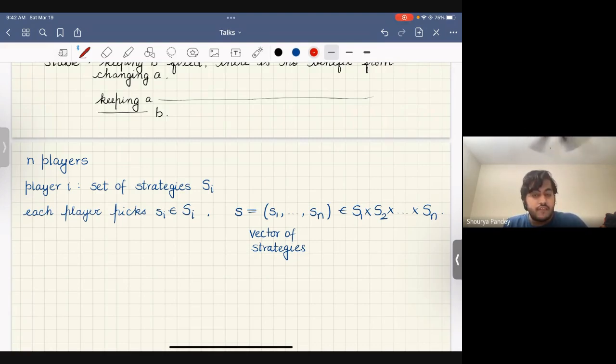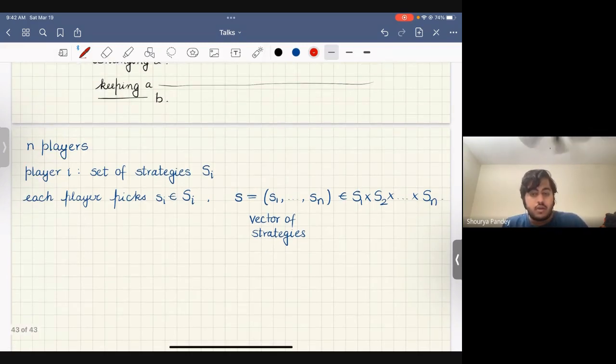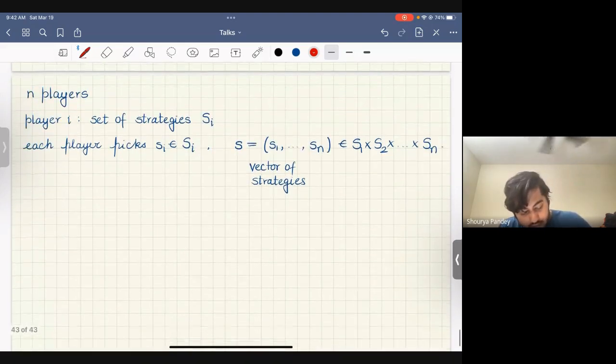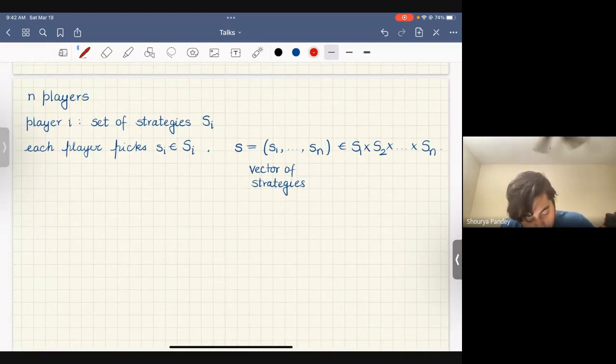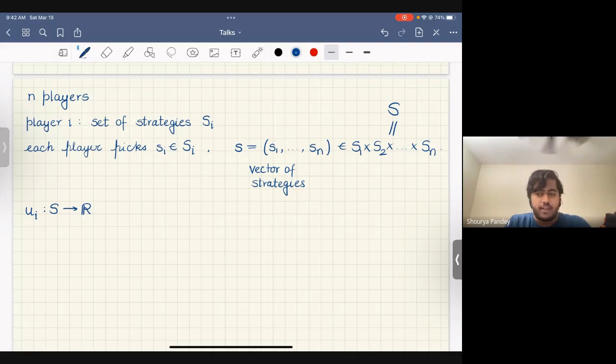Given this vector of strategies, we have some sort of outcome, which is like a payoff to a player. So we have a function ui from the set of strategies, which I'll call capital S, to some number, let's say the reals here. It could be something more complex, but let's just say reals.